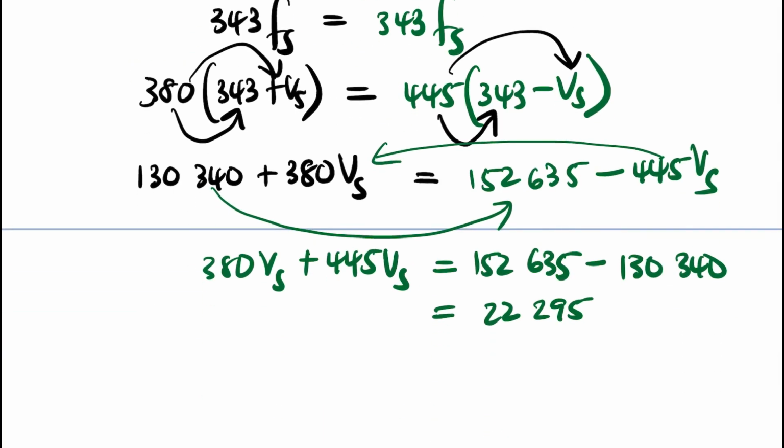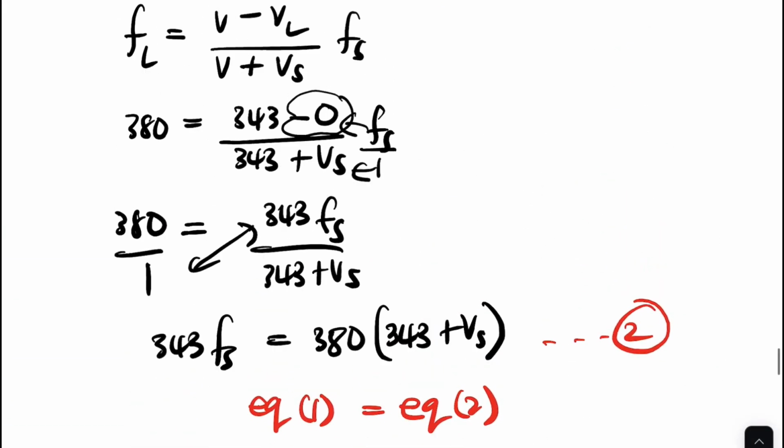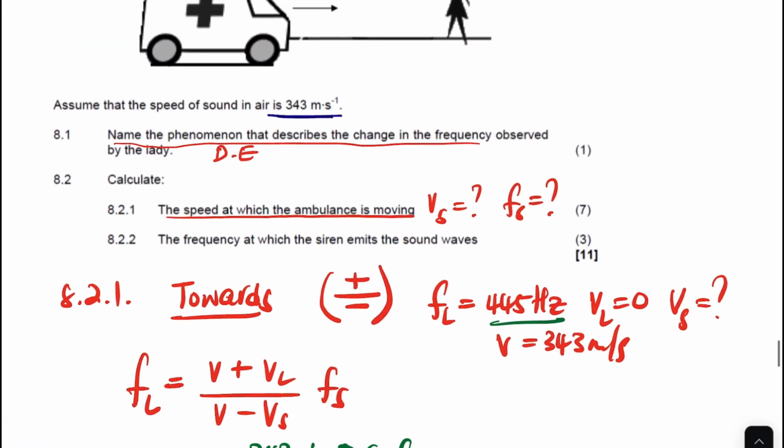And on this side, 380 plus 445 is 825 Vs. And then the 22,295, we divide by 825. So the velocity of the source, the ambulance, is 26.99. We can say it's 27 meters per second. Guys, it was a simultaneous equation. I hope it made sense to you.